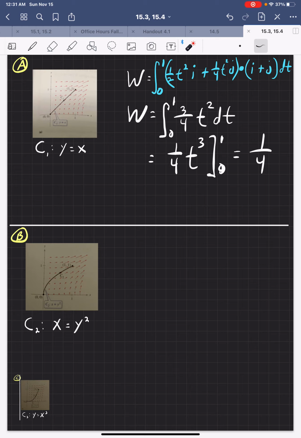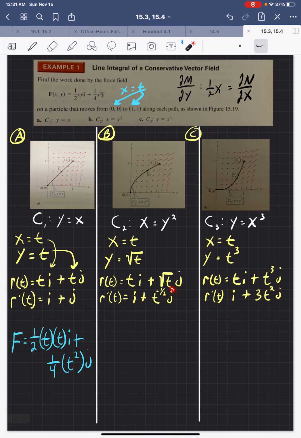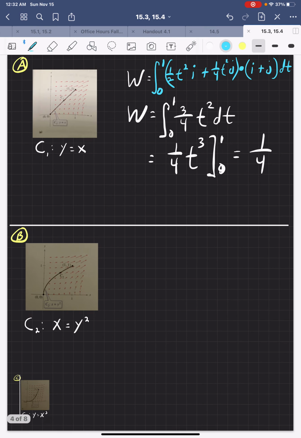But let's go ahead and go to part B. So remember, we have r prime as i plus t to the power of negative 1/2 j. We still need to be able to plug in the information, so I'm going to be plugging in t for x, and I'm going to be plugging in the square root of t for y. So let me come over here and set that up.